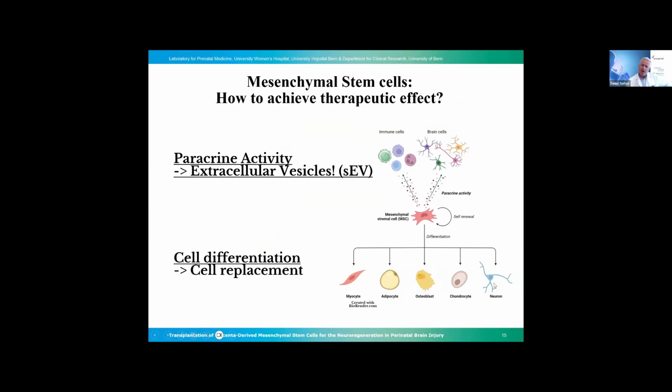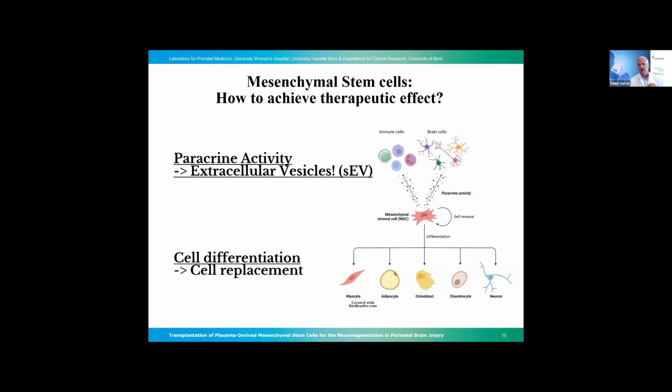However, what we have seen in our animal models is that for a long-term cell replacement, only very few of these cells survive over a long time period, that means over 6 months. However, the probably much more effective part is the so-called paracrine activity.